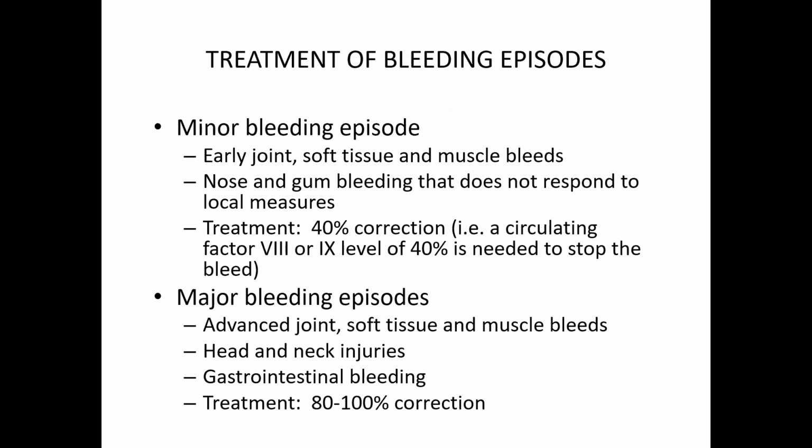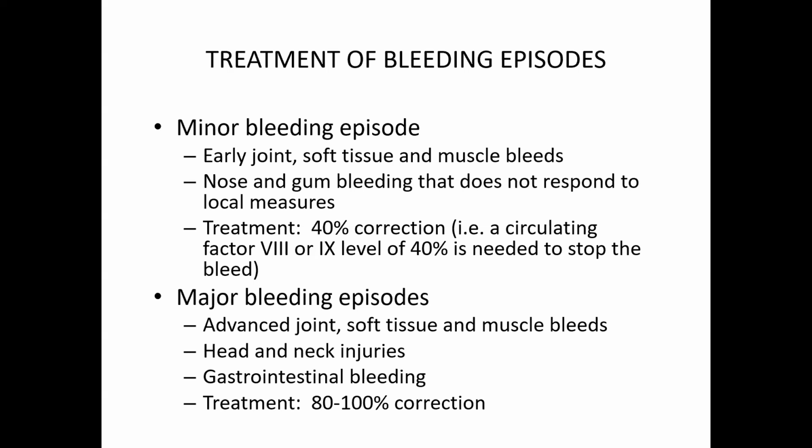So, the treatment of different bleeding episodes. For minor bleeding episodes, for example an early joint bleed, soft tissue, or mucosal bleeds, nose and gum bleedings that do not respond to local measures, sometimes we give tranexamic acid alone and they respond. We can do correction of the factor.